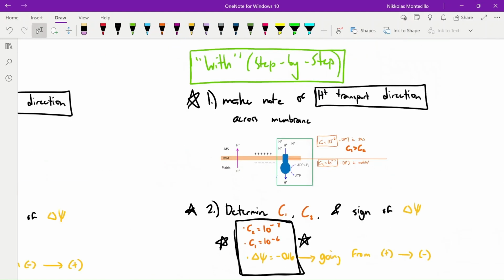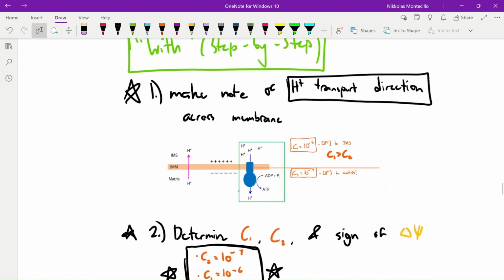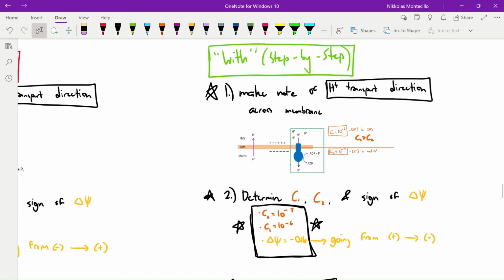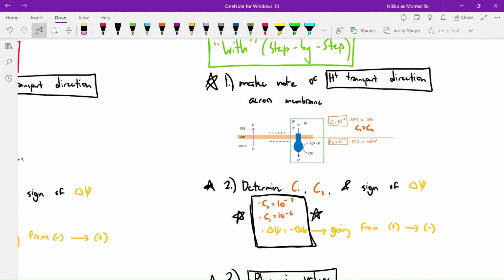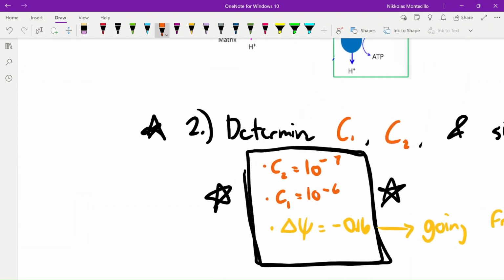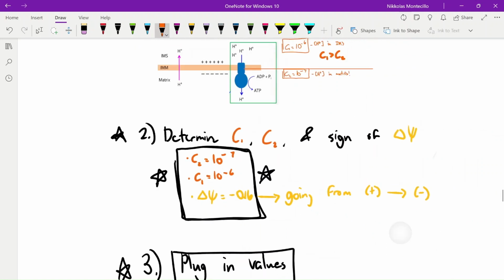We determine C1, C2, and the sign of the transmembrane difference. We see here that C2 is the concentration of hydrogen protons in the matrix, which is 10 to the -7, and the concentration in the IMS is 10 to the -6.